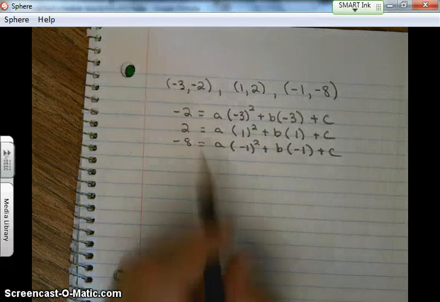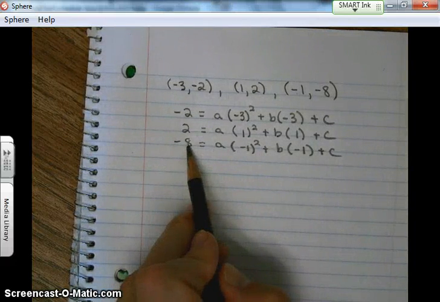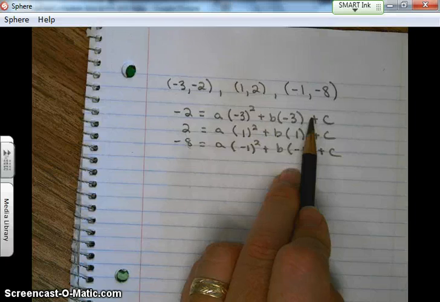So now we have 3 equations and we have 3 unknowns.